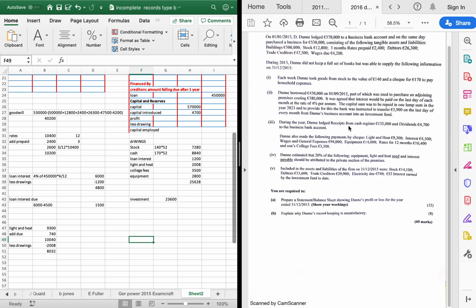It tells us here 135,000 from the cash register. And the reason I know how to do this is there's no bank mentioned here. You have to have money in the bank. You've just told us we've lodged money in the bank. So we definitely lodged 135,000 euros. We also lodged 4,700, and we also lodged the loan of 450.